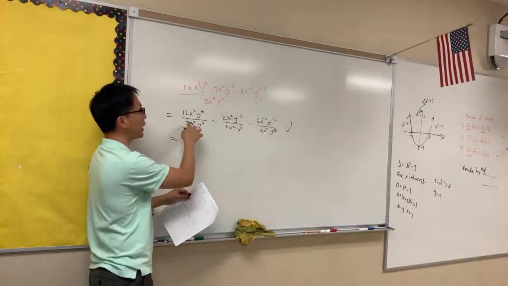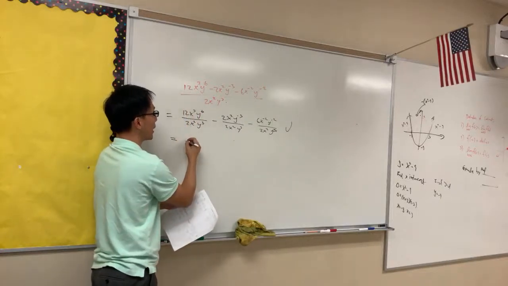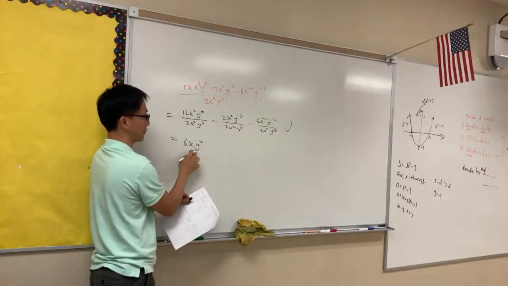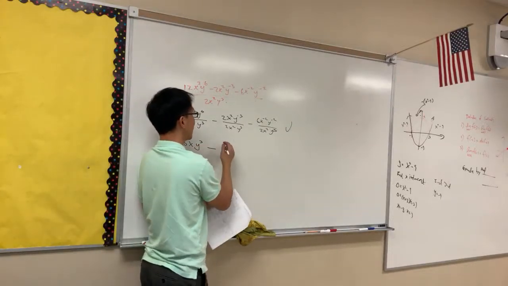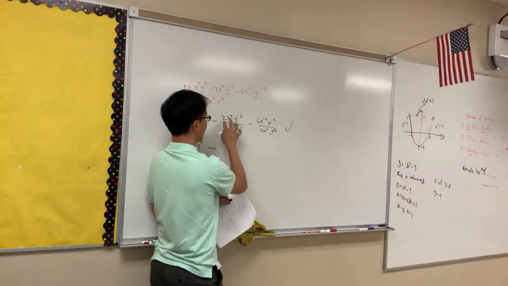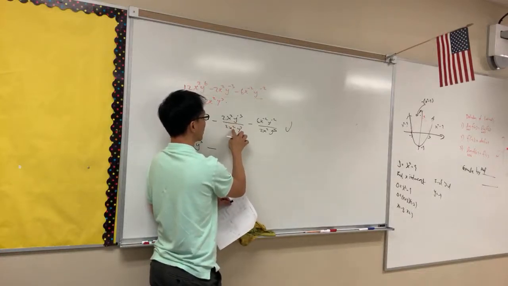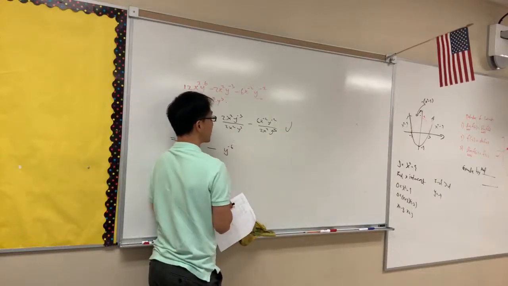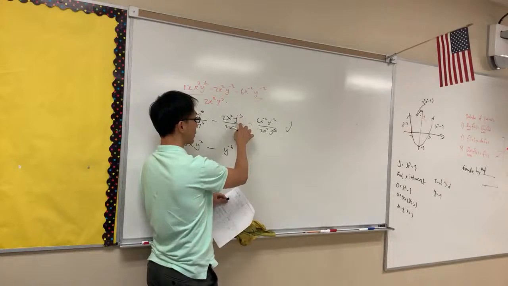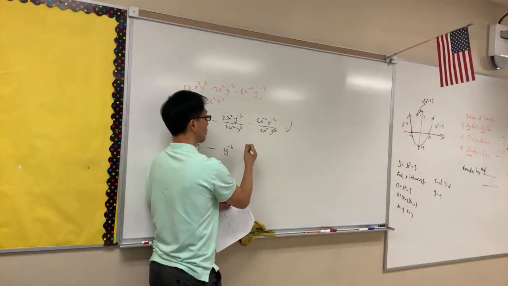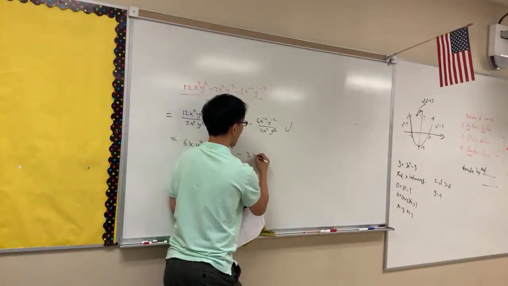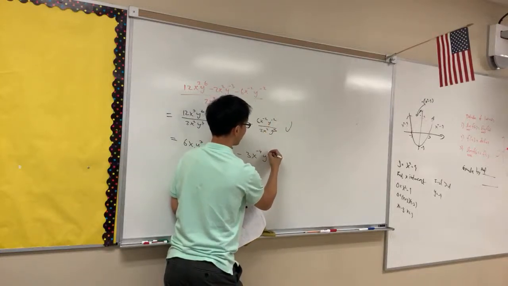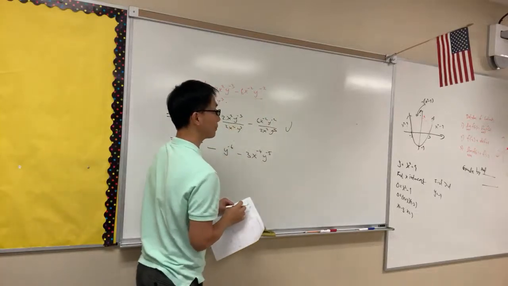Or some people did this. They just simplify this way in their head. They got 6x y to the 3. If they got this part minus, the 2 and 2 cancel out, x squared cancels out, minus 3, so it'll be y to the minus 6, minus 3, subtract 3, minus 3 x to the negative 4, y to the negative 5, right?